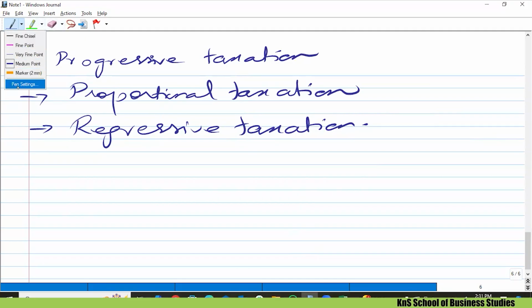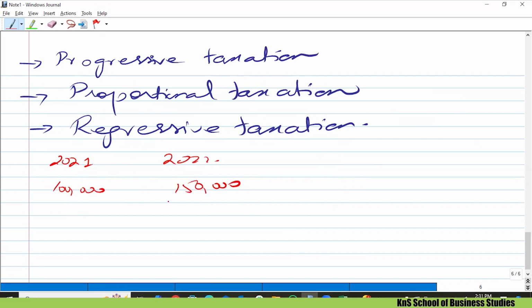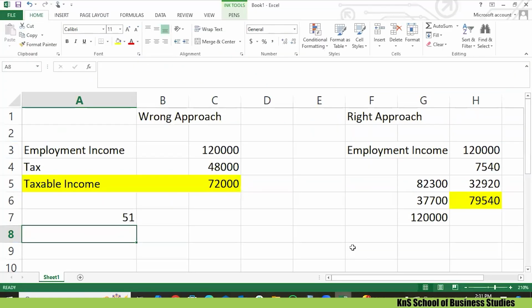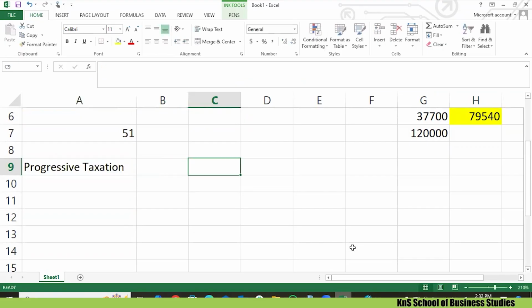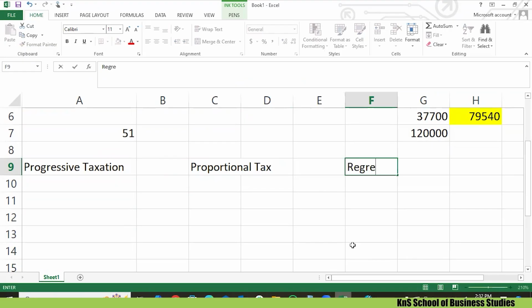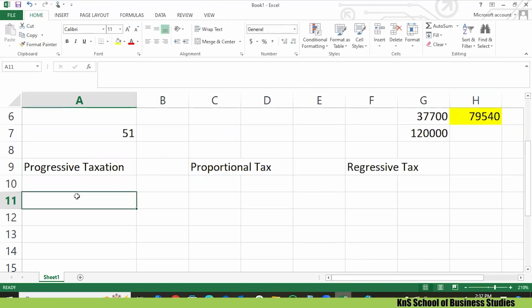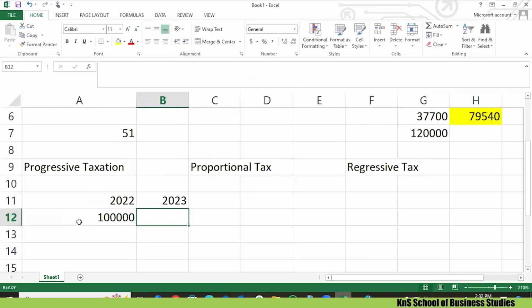What happens in progressive taxation is that as soon as my income increases, let's suppose from 2022 to 2023, my income was 1 lakh, but now my income has moved to 150,000.